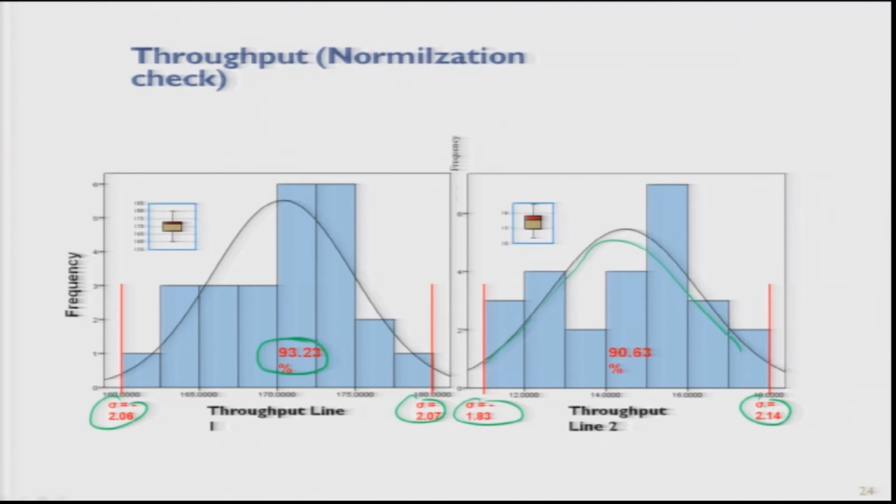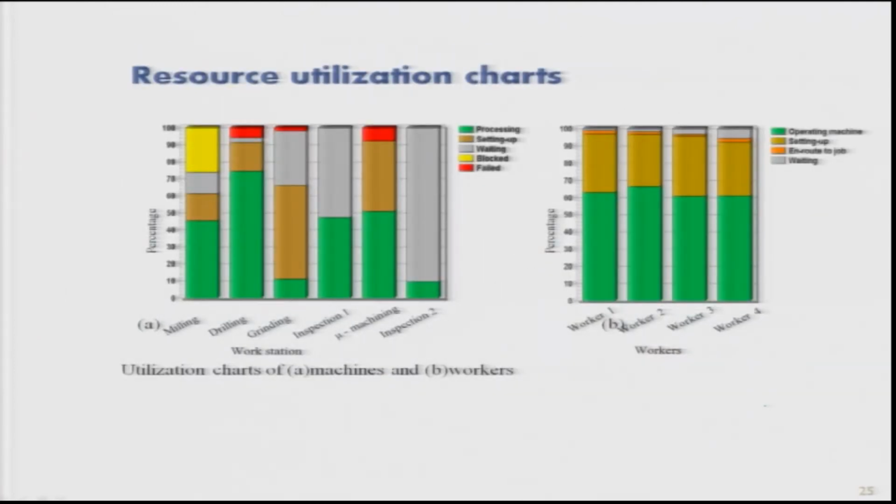Also, we can see the utilization charts here, the resource utilization charts. In this case you can see that the first machining process, that is milling, is occupied for about 45% of the time, and this is my setup time. The point of interest here is the blockage. This is my blocking, or better I would say block time.